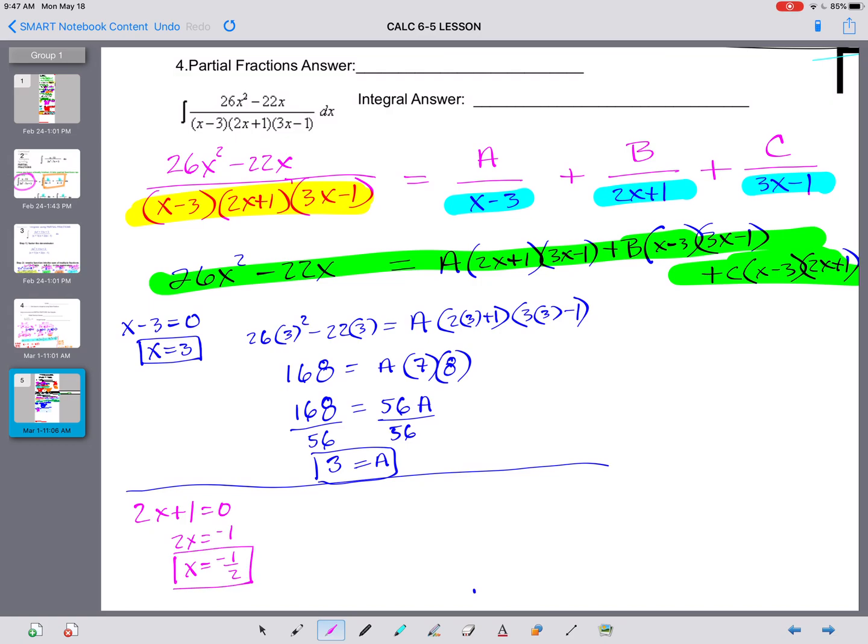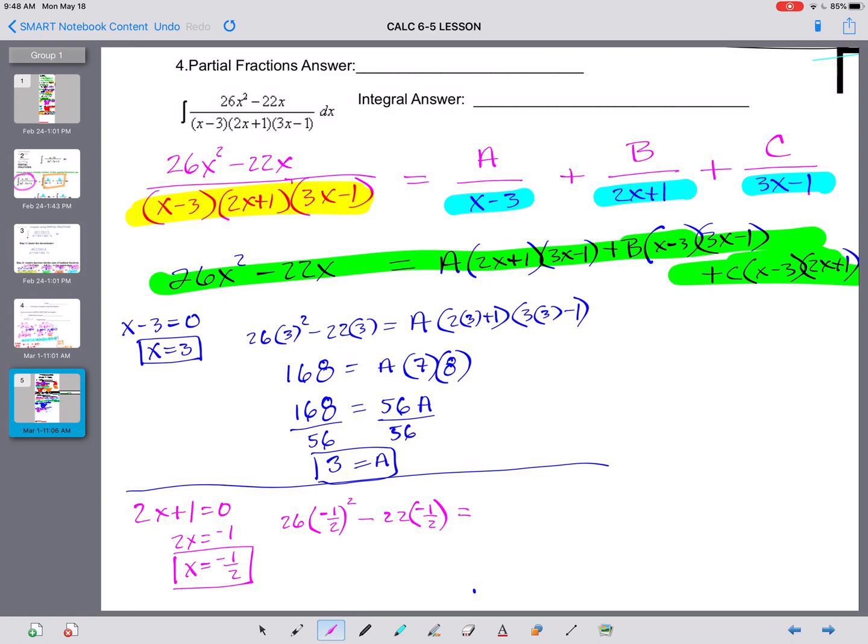Plug that into our green equation. 26 times negative 1/2 quantity squared minus 22 times negative 1/2 equals, now there are no A's, because when you plug negative 1/2 into 2x plus 1, you get 0.